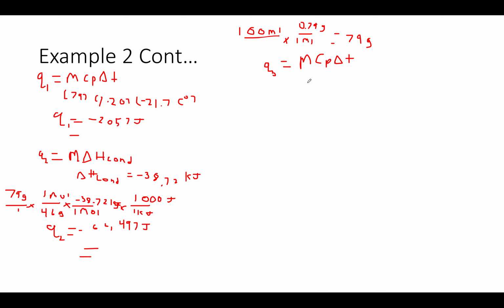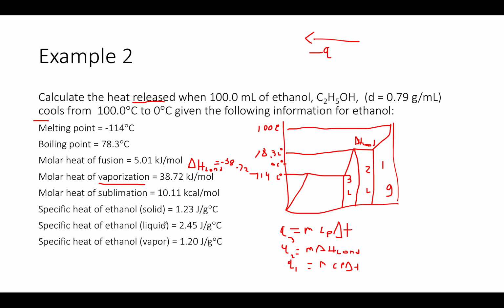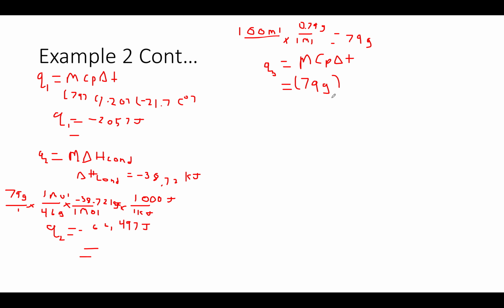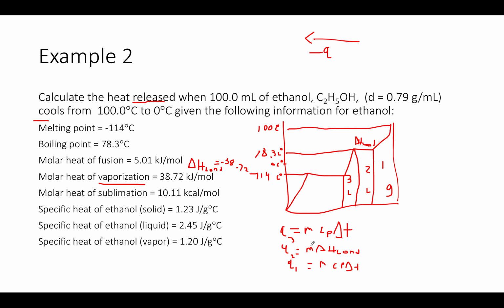So Q3 equals mass times specific heat times delta T. The mass of ethanol, 79 grams. The specific heat of liquid ethanol, 2.45. The change in temperature of ethanol, 0 minus 78.3, because we're right here in this little area.